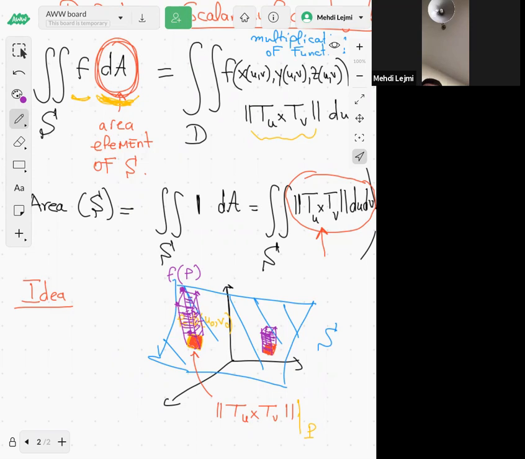You can imagine you do the same thing for each very small parallelogram, multiplying by this function f. So you can think of this integral, and when you say integral, we say Riemann sum. It's a limit of some Riemann sum.